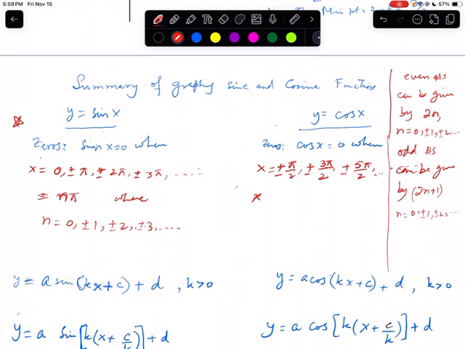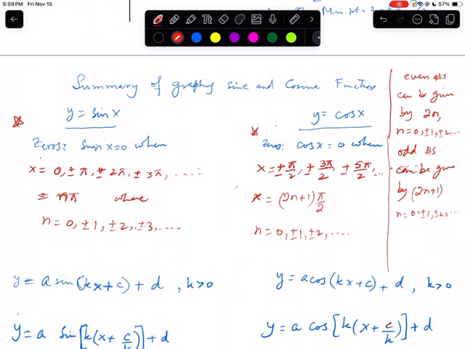So here we can write x is equal to (2n plus 1) pi over 2. Notice here I am not putting a plus minus, because when I am giving the n, the values n are equal to 0, plus minus 1, plus minus 2, and so on. So again, this is something that you should know.